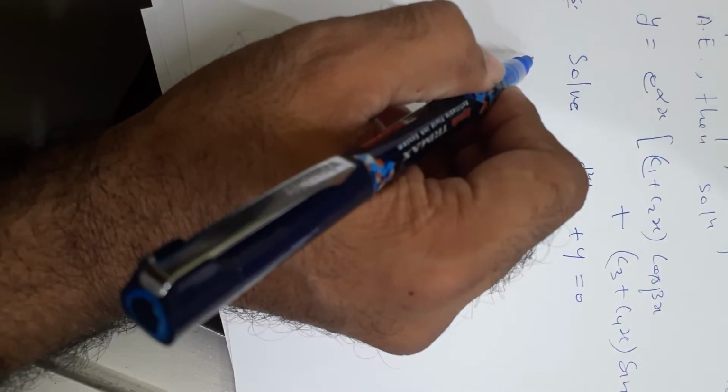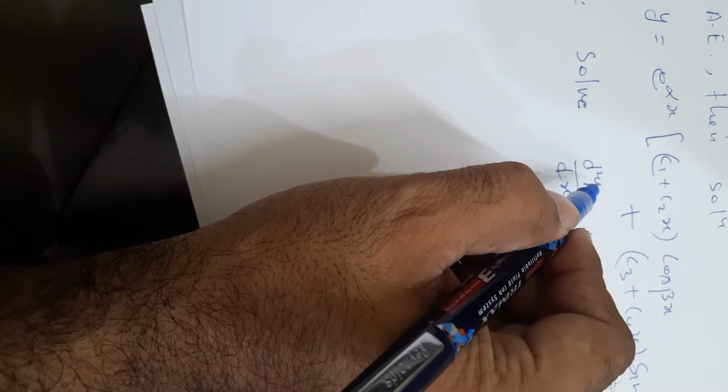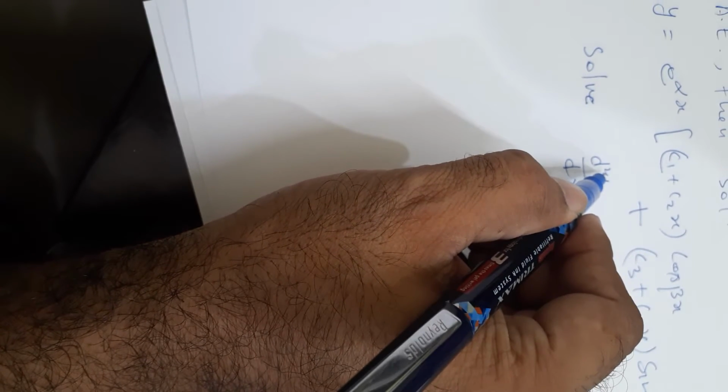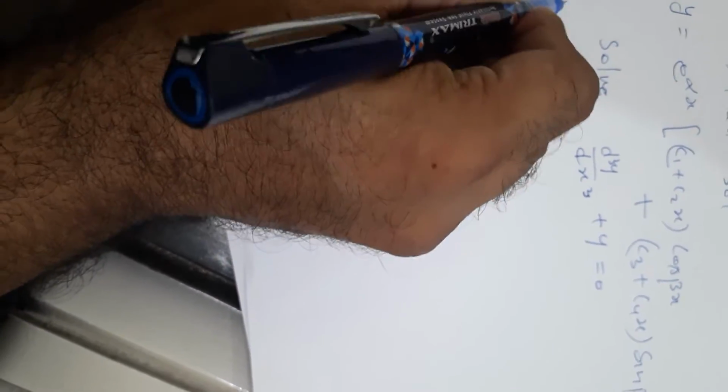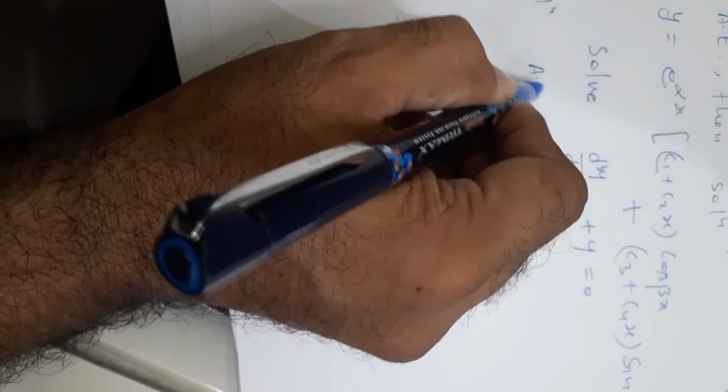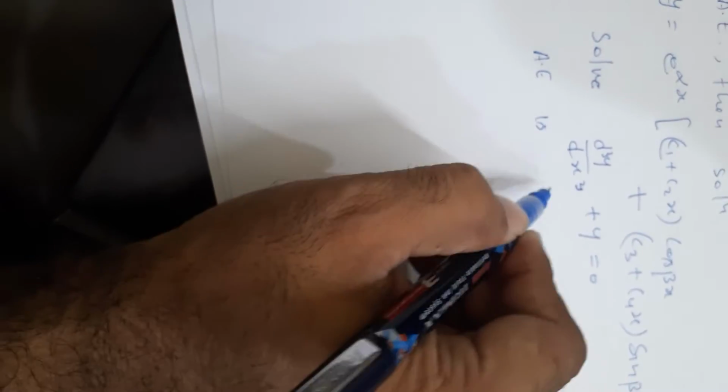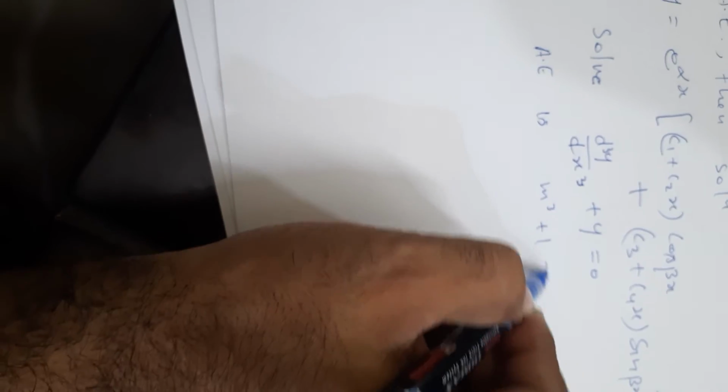Sorry, here we have the third order derivative. Solution: the auxiliary equation is m cube plus 1 is equal to 0.